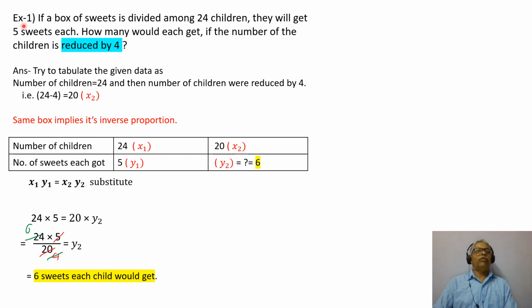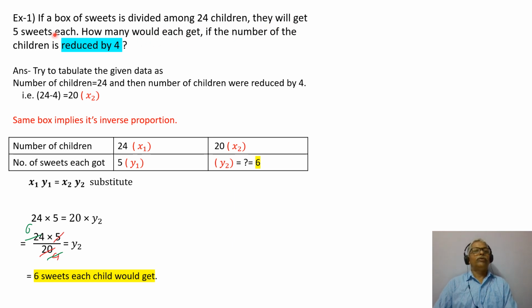Exercise, first problem, very carefully. If a box of sweets is divided among 24 children, they will get 5 sweets each. Got it? Then how many would each get if the number of children is reduced by 4? Remember, each and every word has meaning in a word problem in maths.